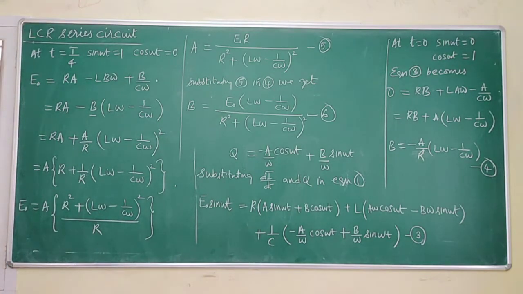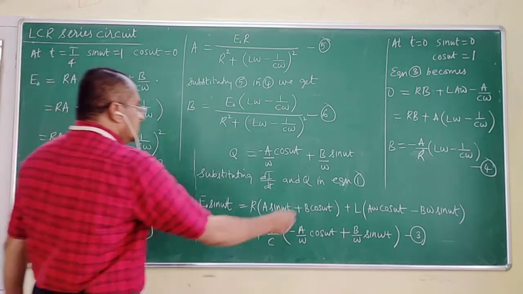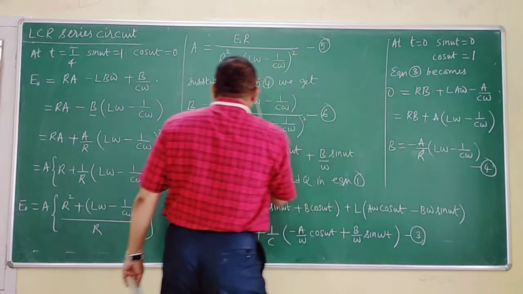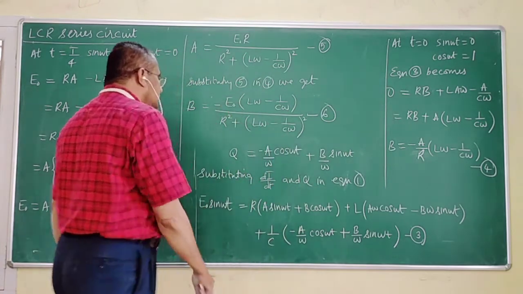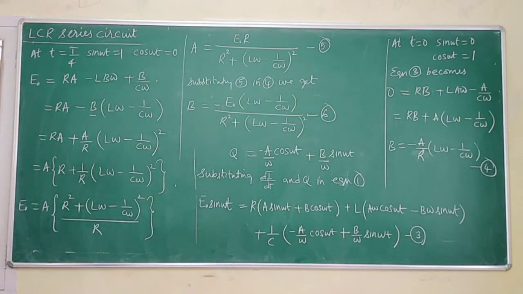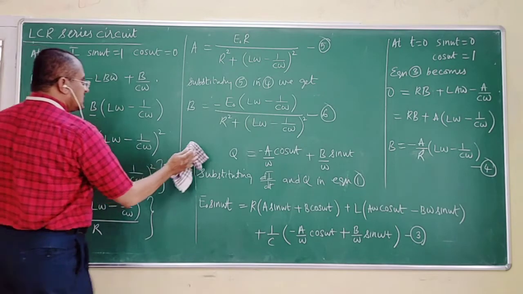Of course, B has a minus sign, therefore a minus sign will come here. These values of A and B can be substituted in the general solution which we have assumed. So what happens? I will rub this off.